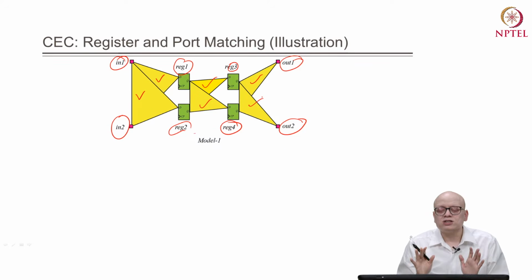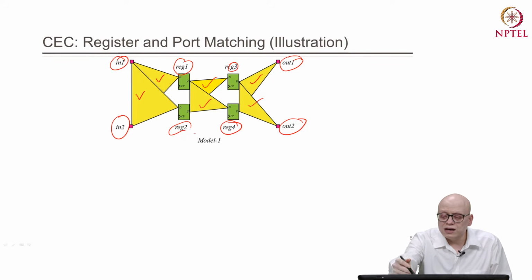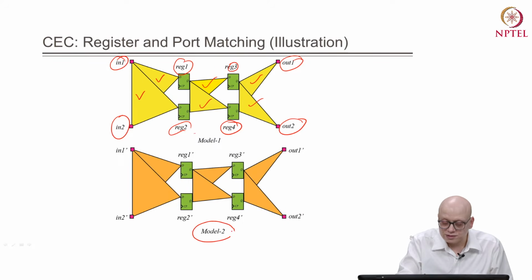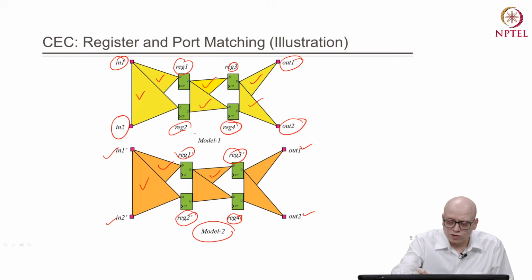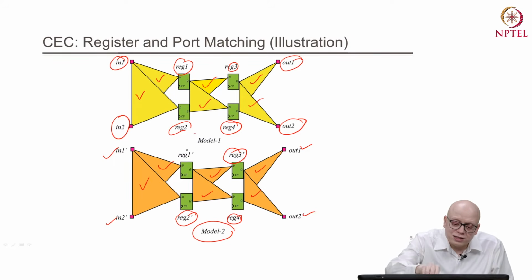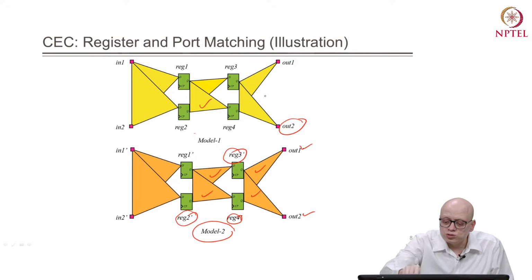Now, this is the first model. We have input ports, flip flops, and then the output ports. This is the second model, in which we have input ports, output ports, and then the flip flops or registers or state elements, and these are another cone of combinational logic blocks. What we do is first establish the correspondence between the ports, meaning which port corresponds to which.